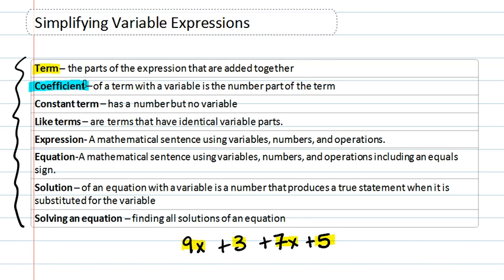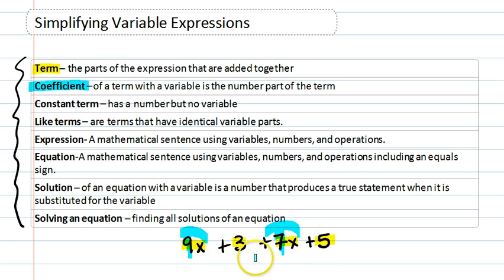A coefficient of a term with a variable is the number part of the term. Alright, so only terms that have variables like 9x and 7x have coefficients. The coefficient is specifically the number part of the term. Remember, we talked about each of these things being a term.